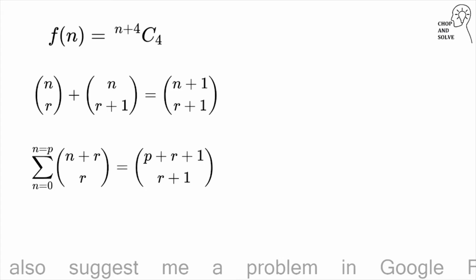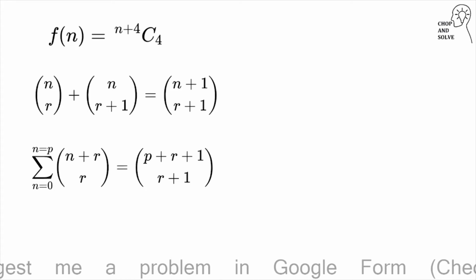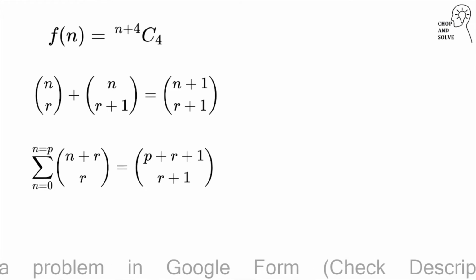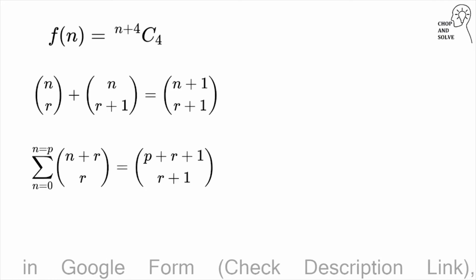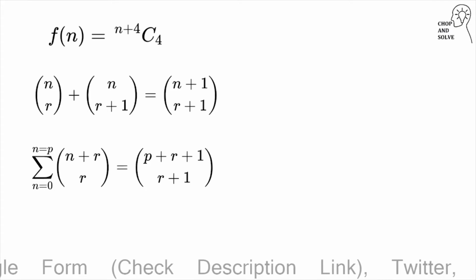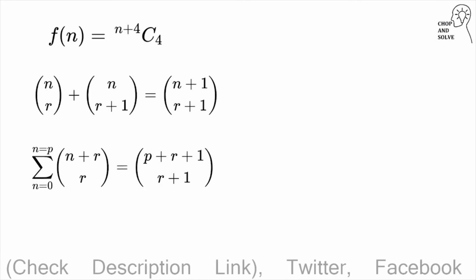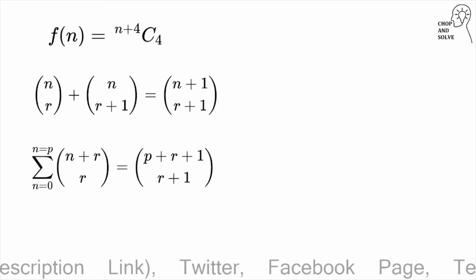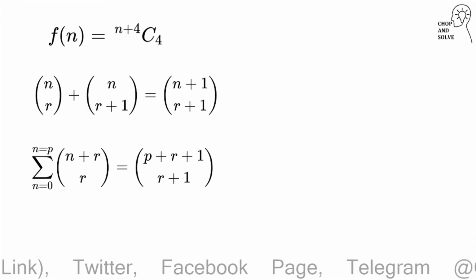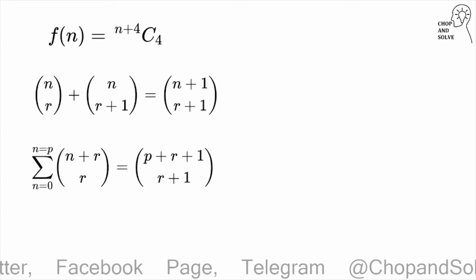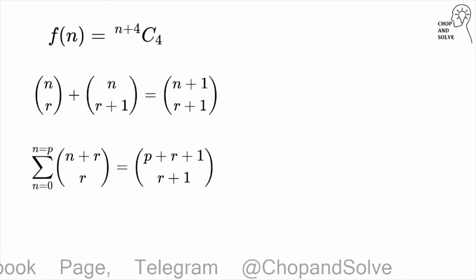Using the next term and the next term, you will eventually get p plus r plus 1 choose r plus 1. And it is very easy to prove using the second formula.